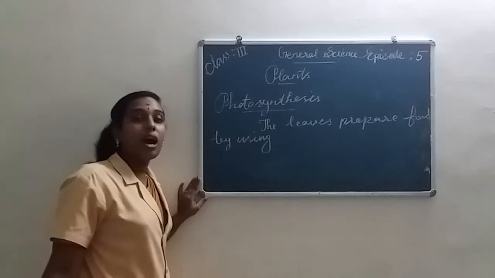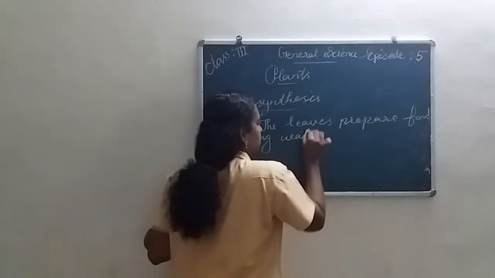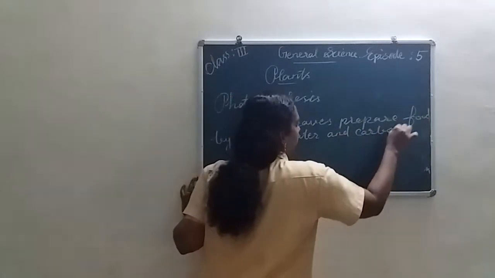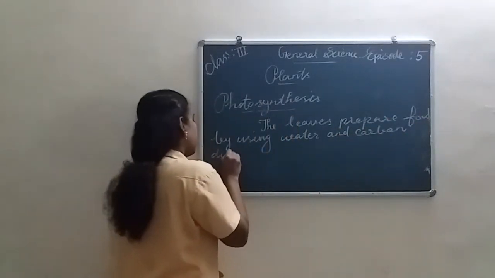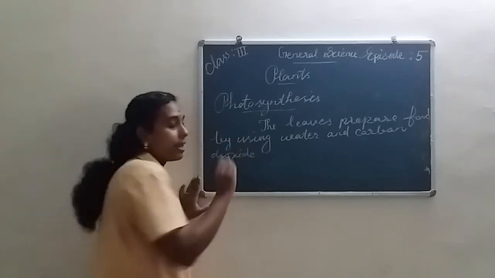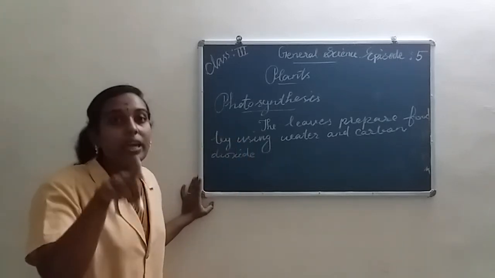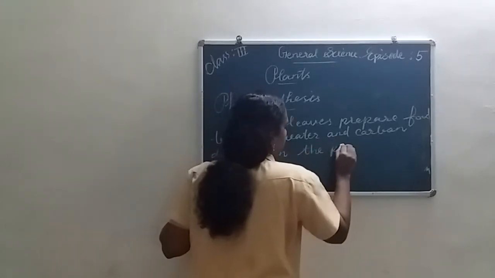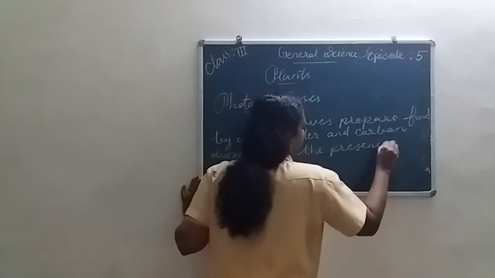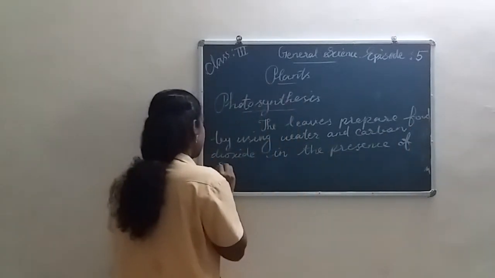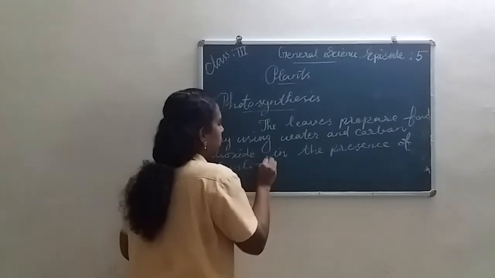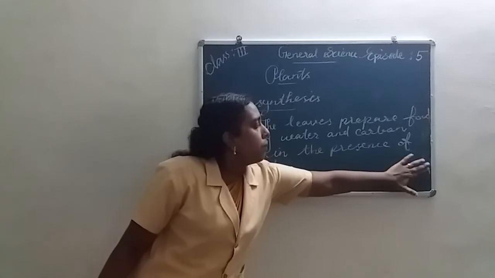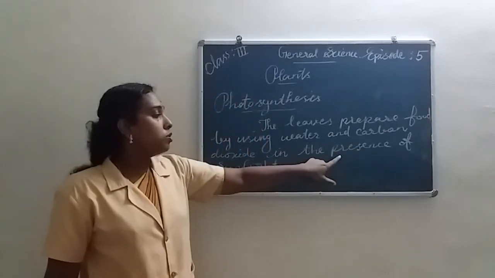By using water and carbon dioxide, in the presence of sunlight. This is called photosynthesis.